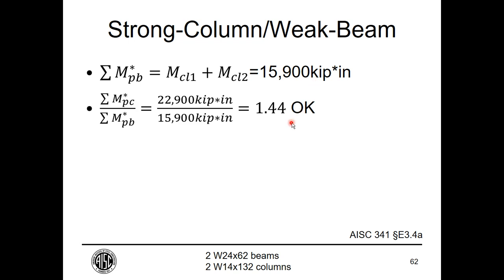And we do the comparison, and it turns out strong column, weak beam is met by a factor of 1.44. The sections that we chose had a strong column or a plastic section modulus ratio of 2.1. So you see the actual strong column weak beam ratio is a bit less, which is why I say keep a good margin like 1.5 if you're going to use this approximate method for member selection.